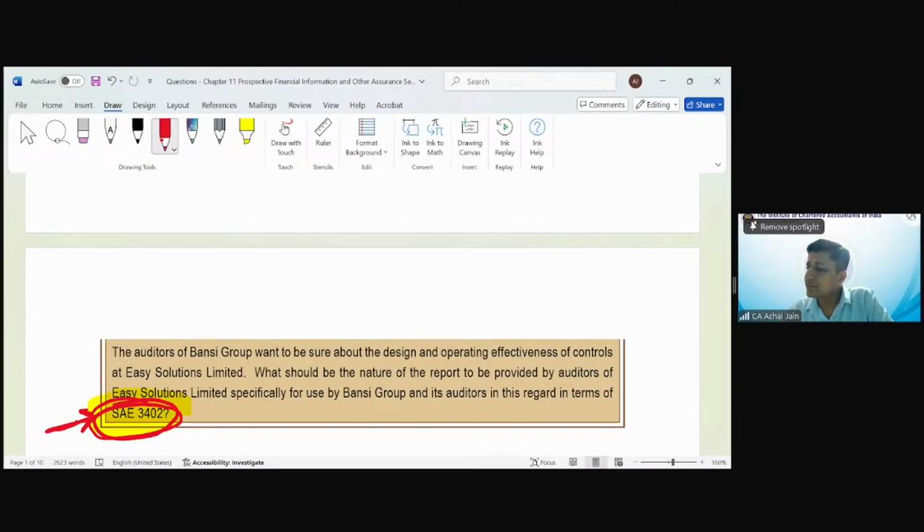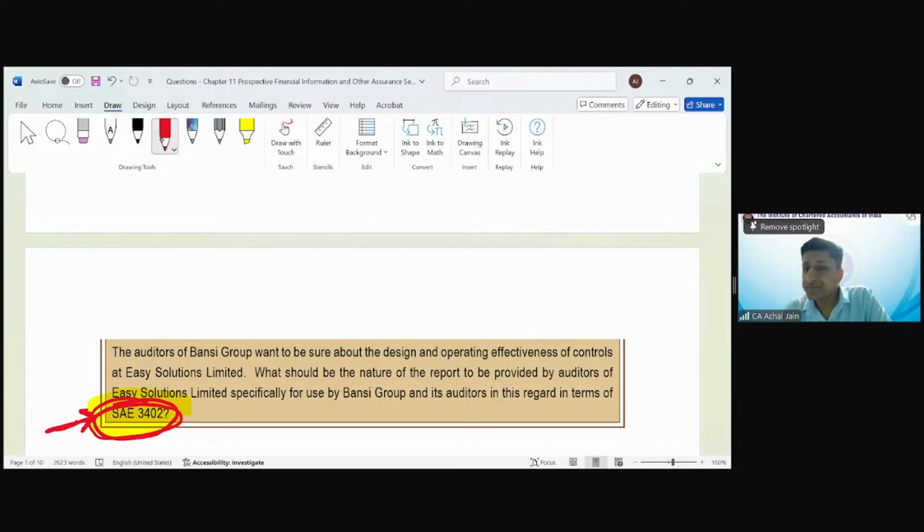In this case, they are talking about the entire process of inviting student applications, submission of forms, and collection of application fees, including late fees, and the design and operating effectiveness of controls. So the appropriate report will be the Type 2 report.